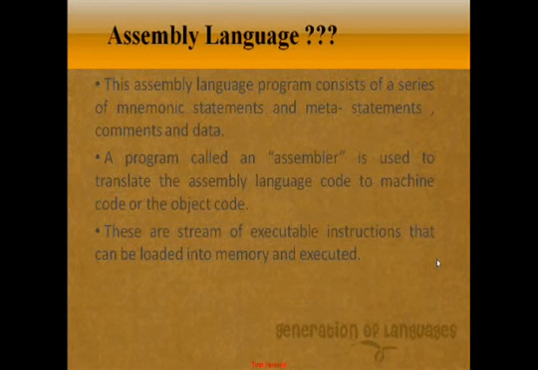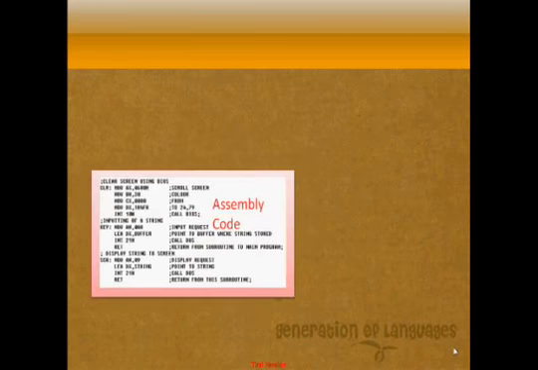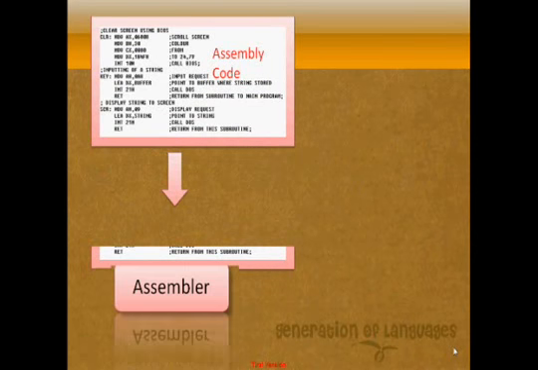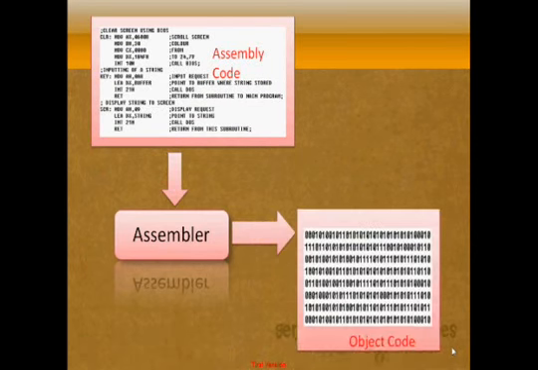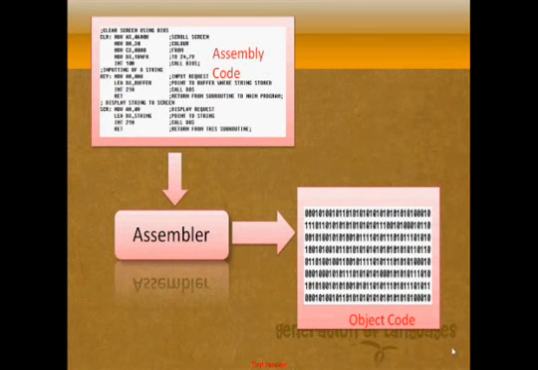A mnemonic statement is a very short term or special word which helps to remember something, and a meta sentence is a sentence which refers to itself. In second generation, an assembler is used to translate the assembly code to machine code. Also, these are executable instructions which can be loaded to memory. This shows how an assembly code translates into an object code or machine code.